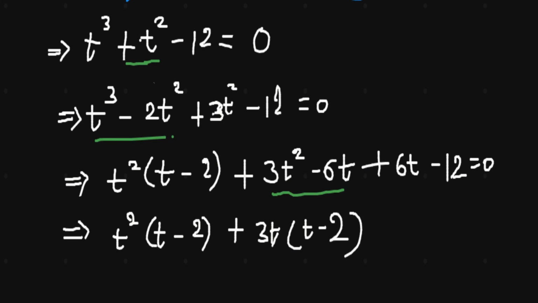So friends, again in the remaining two terms, plus 60 minus 12, we can take common 6: 6 into t minus 2 is equal to 0.